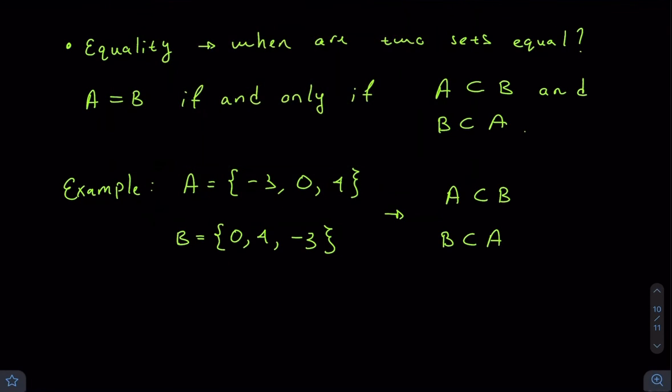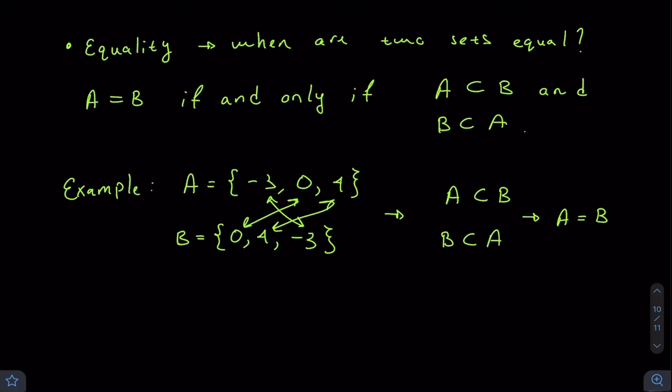So because they're subsets of each other, we can conclude by this definition of equality that A is equal to B.